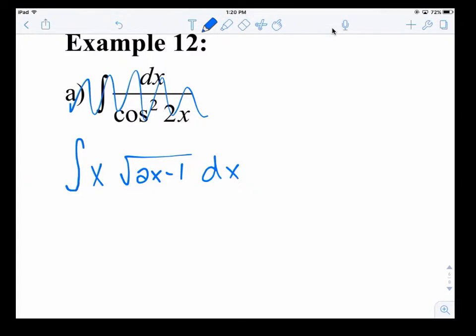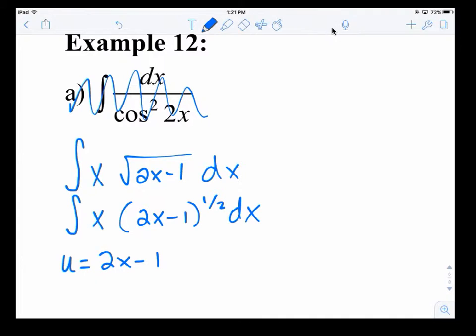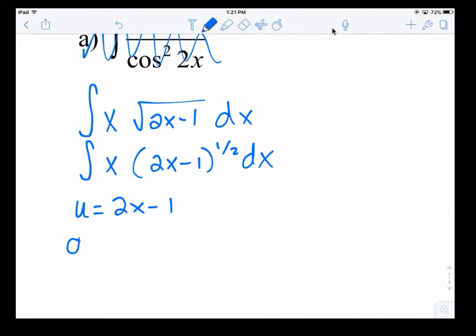No, you can just use the space that's there. So I'm going to rewrite x times 2x minus 1 to the 1 half. All right, so what would your u function be? Okay, so then du would be 2 dx, right?